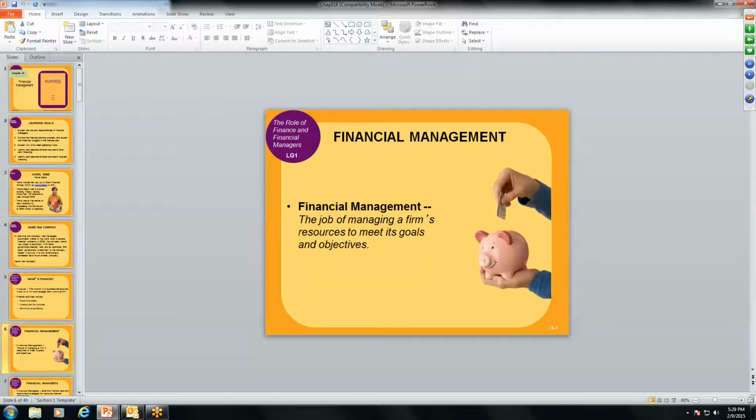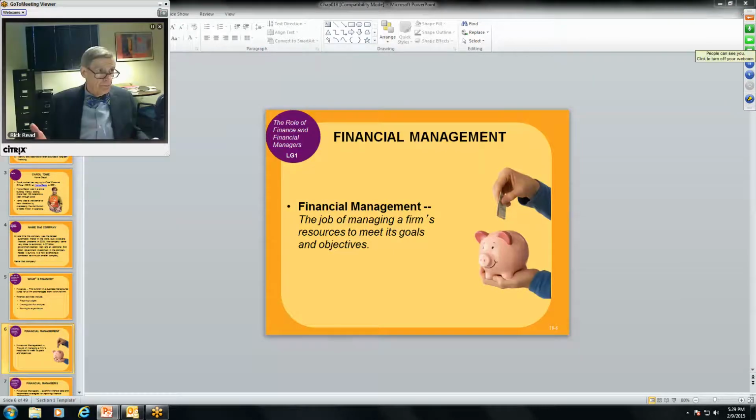Now, financial management is simply managing what we have. It says here, managing a firm's resources to meet its mission, goals, and objectives.